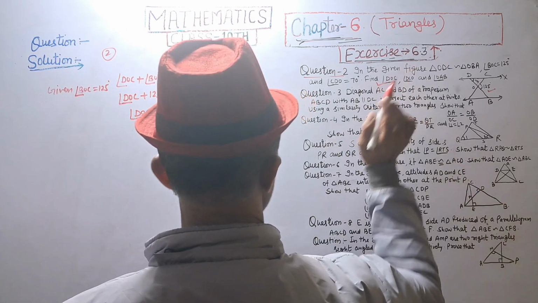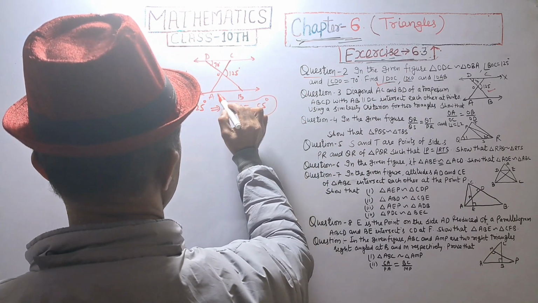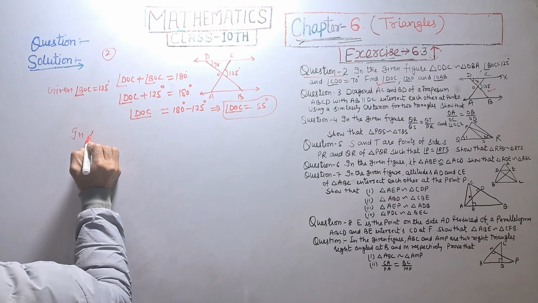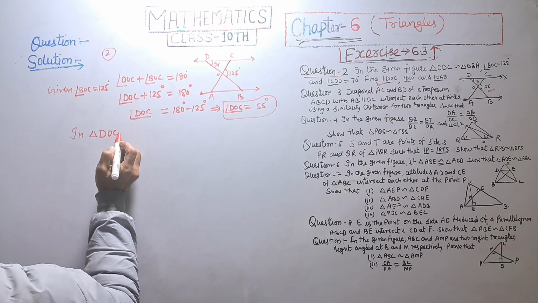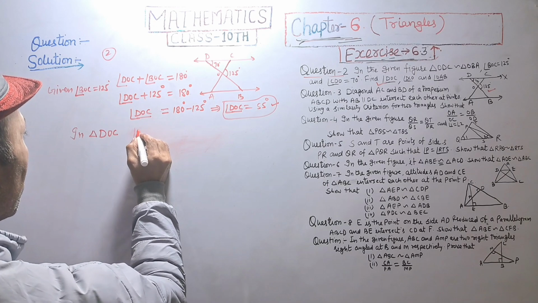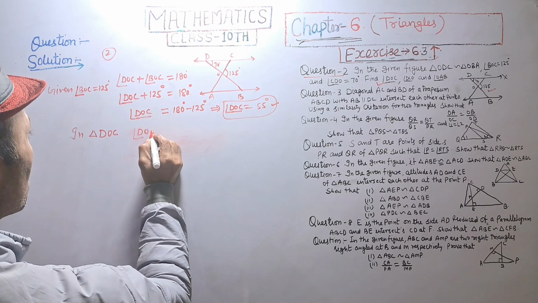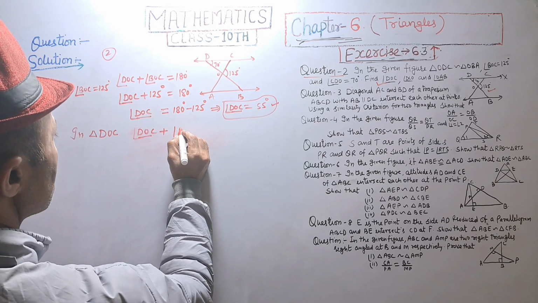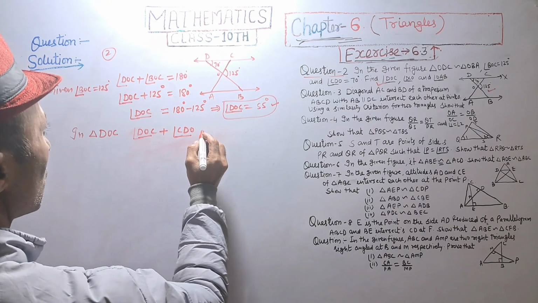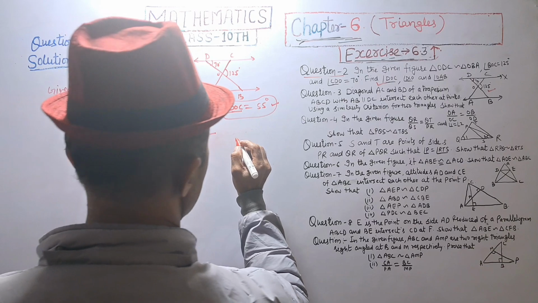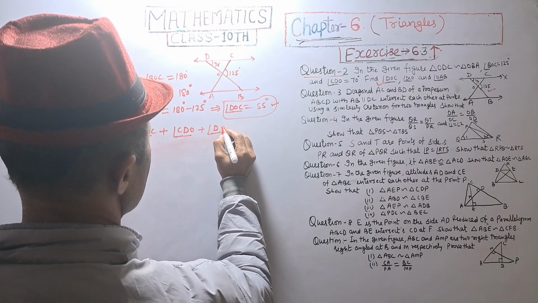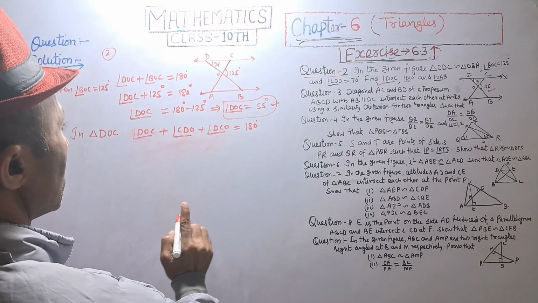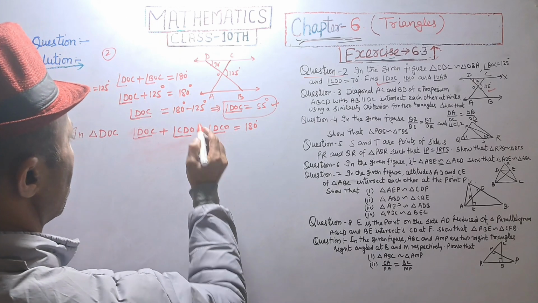In triangle DOC, angle DOC plus angle CDO plus angle DCO is equal to 180 degrees. The sum of the three angles of a triangle is 180.